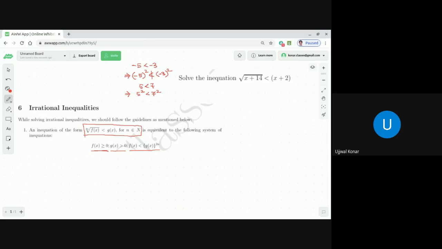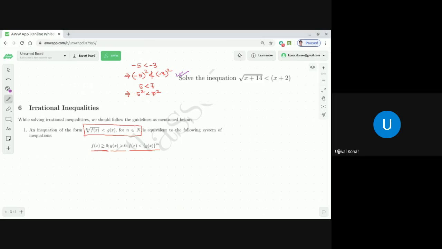The point is how we can apply this concept in the example. Let me use a different color. The question we took, solve the inequation square root of x plus 14 is less than x plus 2, falls into this category, because square root means it is a 2nd root, correct? So from here, if you make an analogy, f(x) is x plus 14.